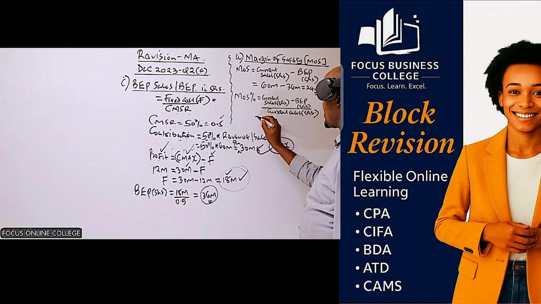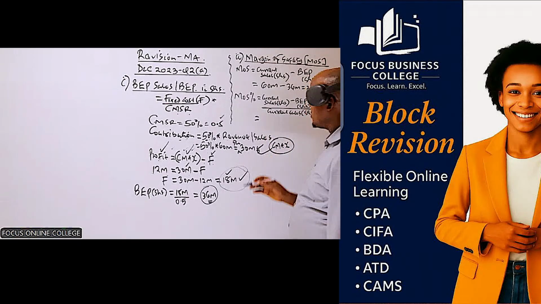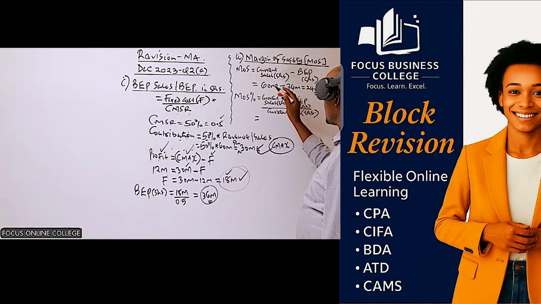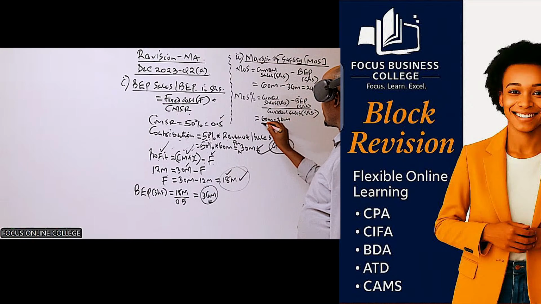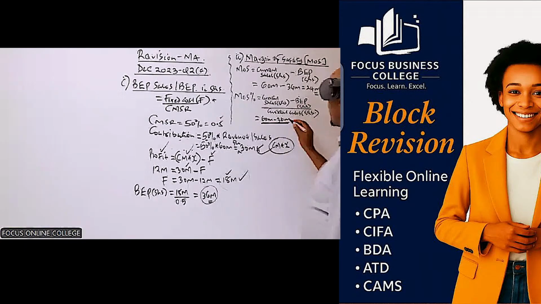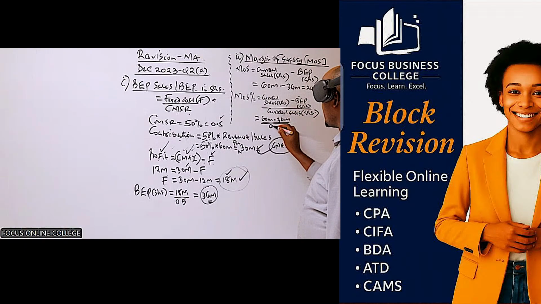So that is 60M minus 36M, divided by the current sales in shillings, 60.